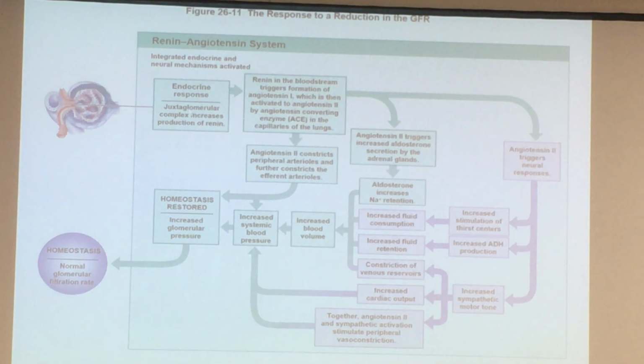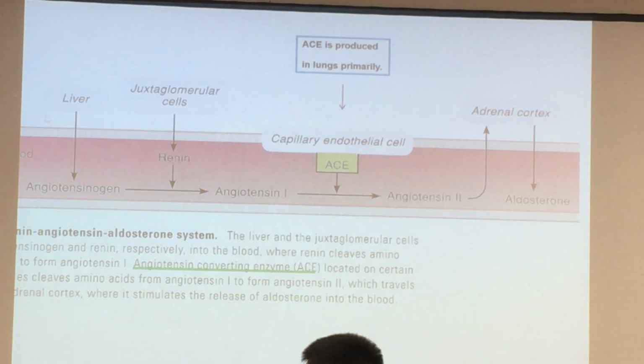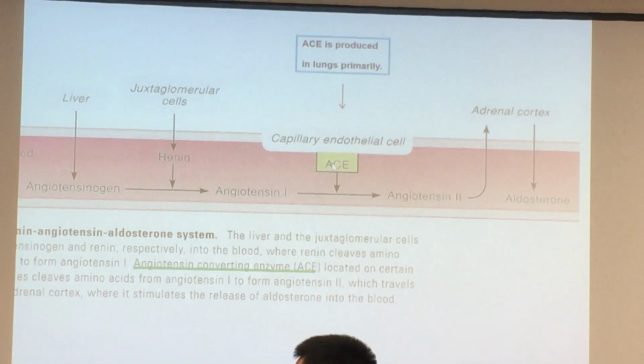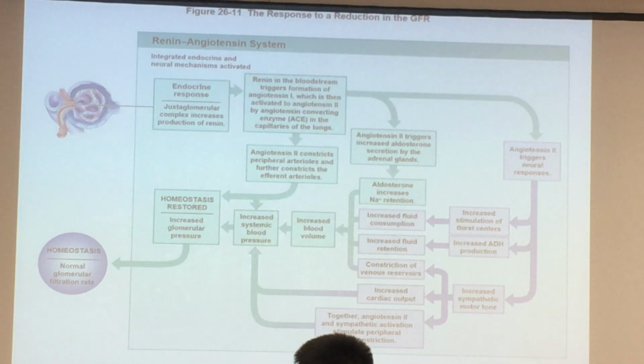Okay, and it shows you from here. The endocrine response is the juxtaglomerular complex releasing renin, and renin works on the step here. Renin works on angiotensinogen into the active form, angiotensin 1, and the other enzyme called ACE, angiotensin converting enzyme, converts 1 to 2, and 2 works on the adrenal cortex to release more aldosterone, but actually it's more complicated.